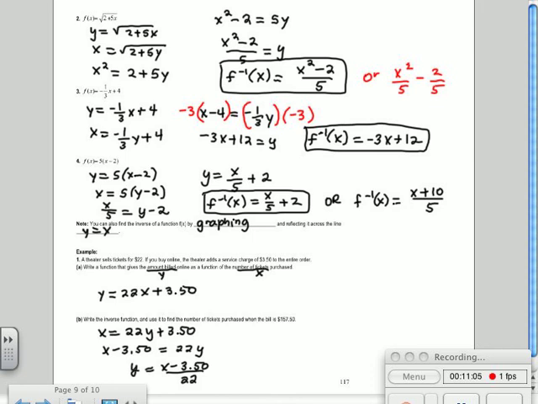This is where it gets confusing in these story problems, because we've switched the meaning of our x and y for the inverse function. So for the inverse, x is now the amount billed, and y is your number of tickets.